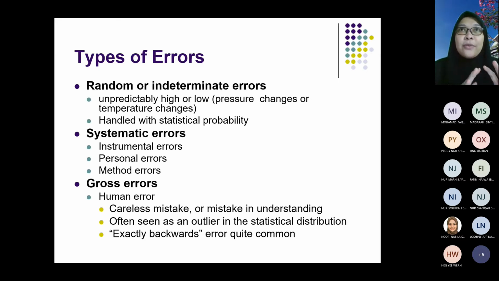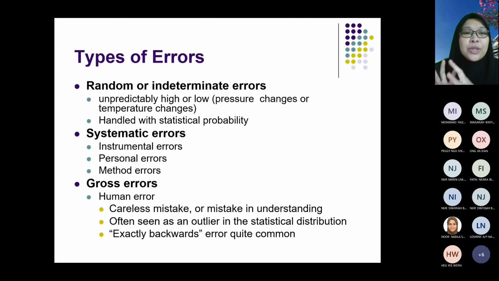Since we have a few different types of apparatus and instruments, we tend to face some errors while doing the experiment, while doing any final year projects, right? So let's look at what types of errors might occur during the experiment. We have three types of errors: random or indeterminate errors.